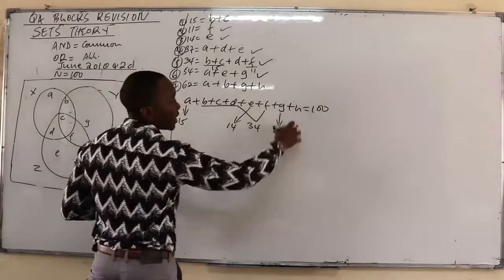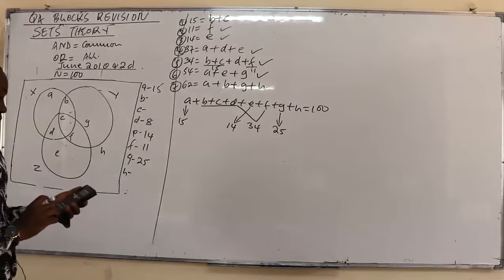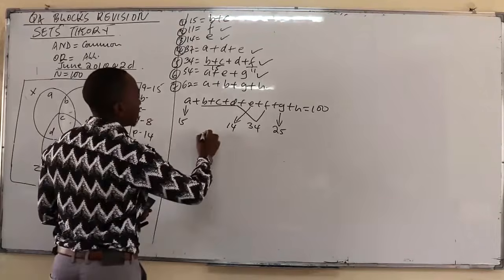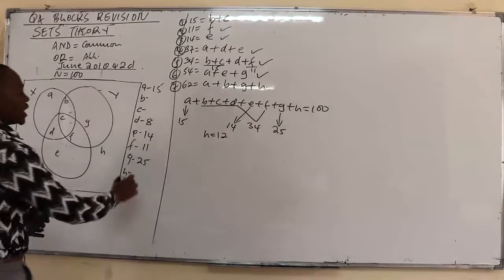Who is the unknown member here? It's only H. To get H, you take 100, you minus 25, you minus 34, you minus 14, you minus 15, and you get H is 12. So H is 12.